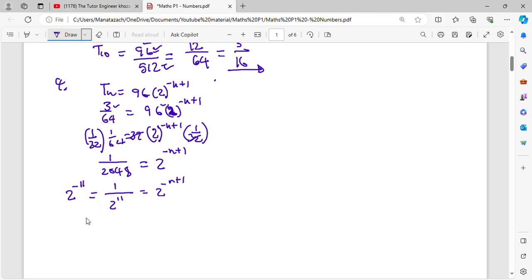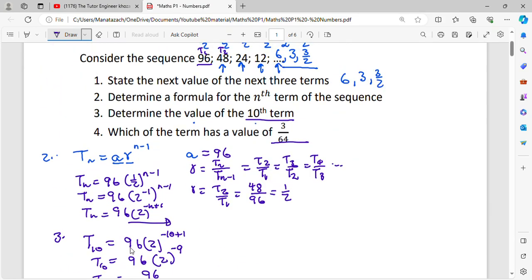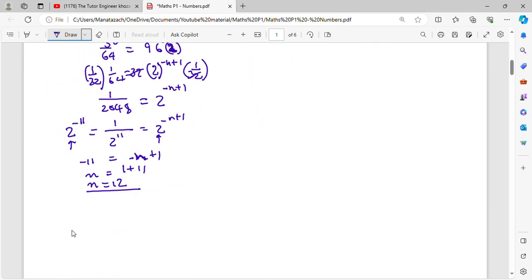Now since the bases are the same, you can drop them and say therefore minus 11 is equal to minus n plus 1. Then if you take n to this side, it will be positive, and then you take 11 to the other side, it will be positive. So n is equal to 12. So it's going to be the 12th term. So we can answer the question and say therefore the 12th term is equal to 3 divided by 64.